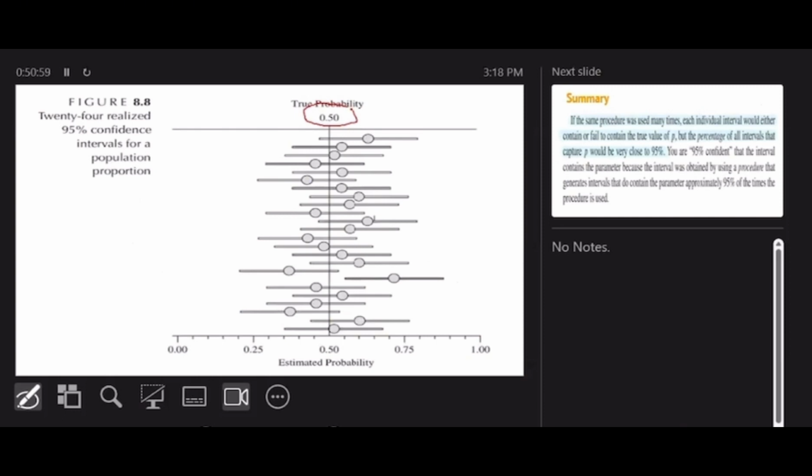Take a look at the first one, and this one here. If you count, you can count the number of intervals where the true value doesn't lie. This is to tell you that a confidence interval is not going to contain all the parameter values.